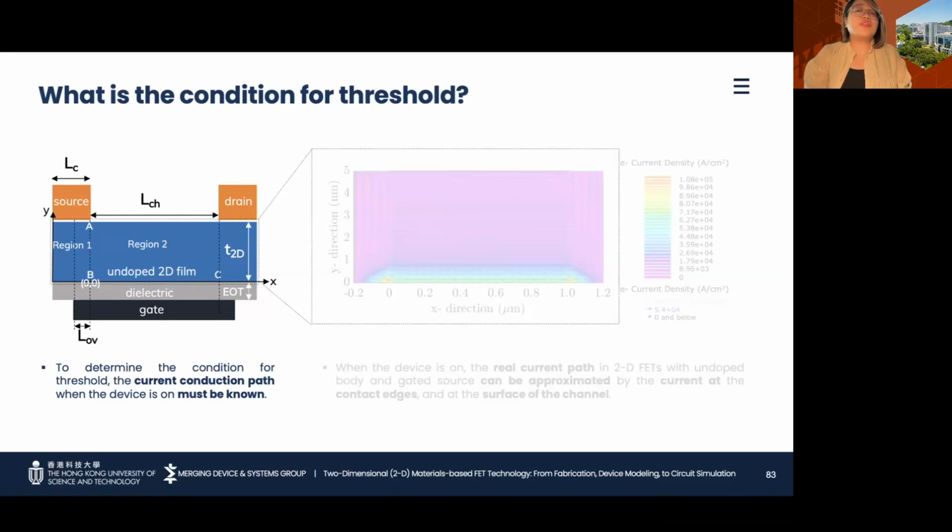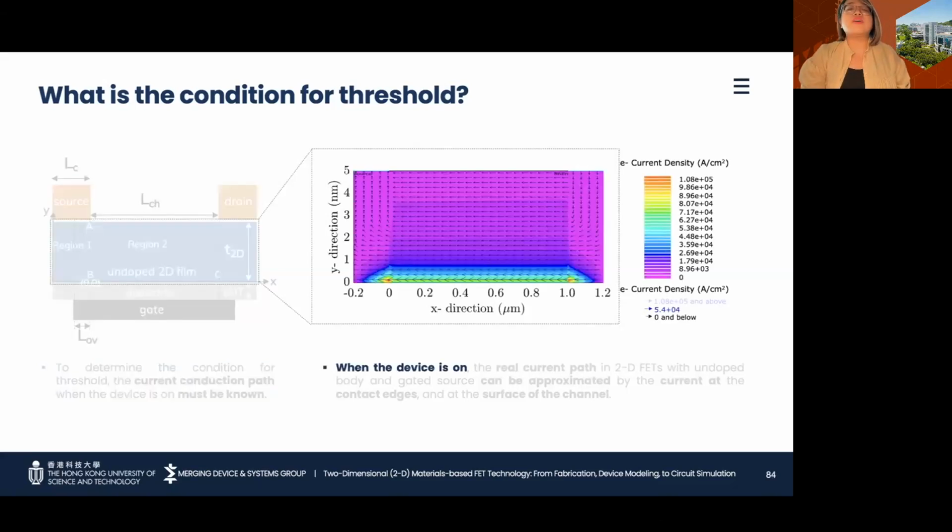So to determine the real current path for a source-gated 2D FET, where the maximum current density from the drain to the source occurs must be known. And this can be identified by tracing the maximum current density from a 2D contour and vector current density plots when the gate voltage is set to a high value and the drain voltage is set to a low value.